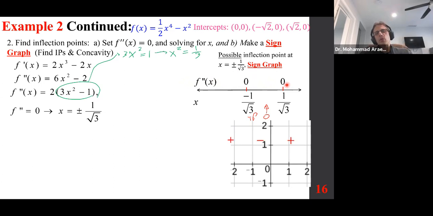Okay. So what does it mean? It's positive here, concave up from negative infinity to negative 1 over square root of 3. Union, this is positive from 1 over square root of 3 to infinity. In between, we have a negative sign, so the function is concave down.